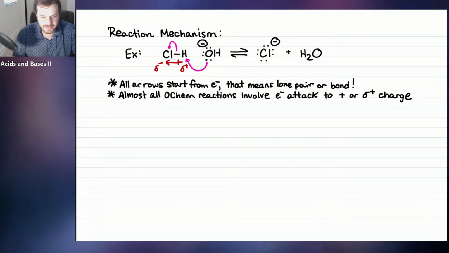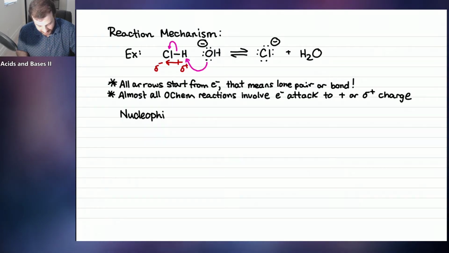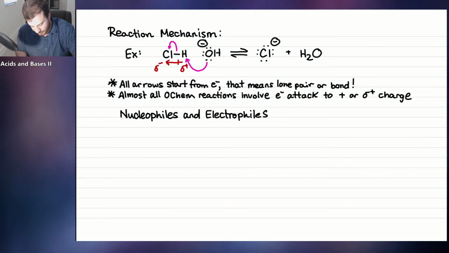And we need to define two terms. And these two terms are sort of related to acid and base, but they're a little bit different. So the terms are nucleophile and electrophile. They're more generic than acid and base. Okay, nucleophiles and electrophiles. These are the main players in every OChem reaction.